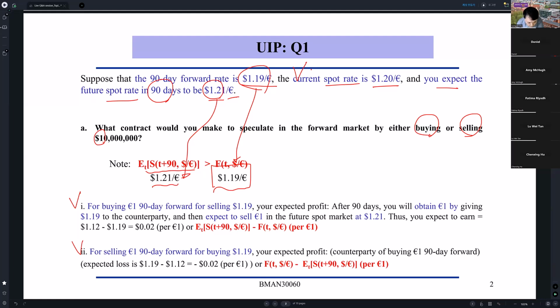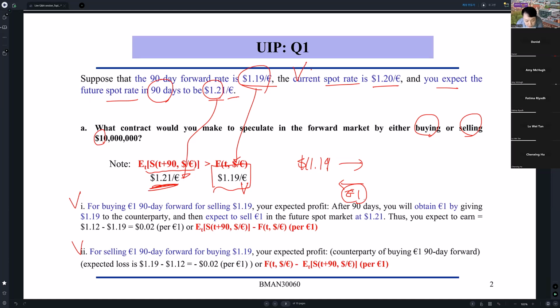So let's talk about profit and loss from these two different cases. There is no other case. You can either buy €1 or you can sell €1. So if you buy €1 90-day forward using this price, that means you're gonna give $1.19 to the counterparty of your contract, and you're gonna get €1. Then, given €1, you expect to sell that at this price.